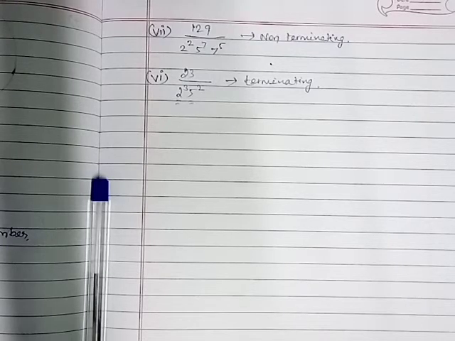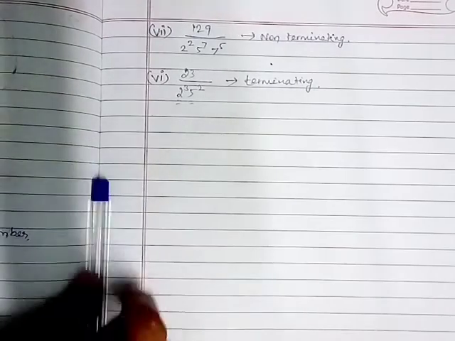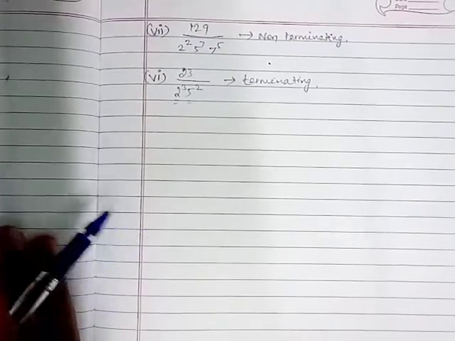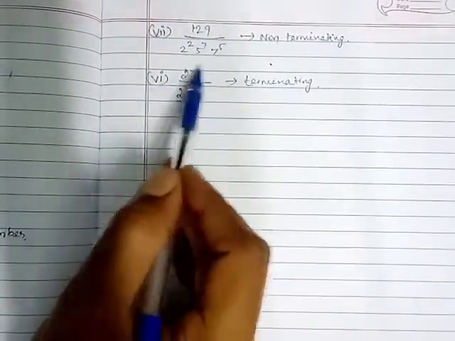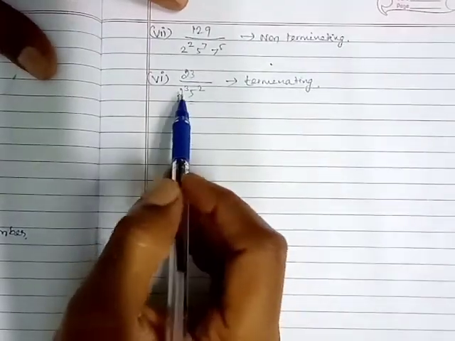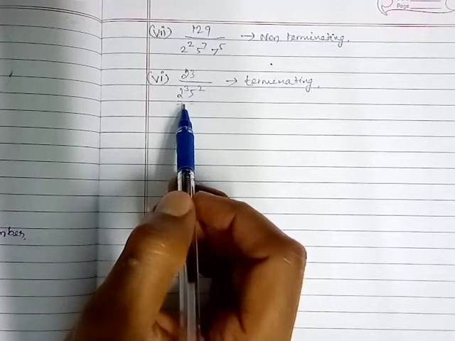Now the second question. Write down the decimal expansions of those rational numbers in question 1 above which have terminating decimal expansions. The second question is, if you do all these sums in the first one, you have to take the terminating ones and find the exact decimal expansion.